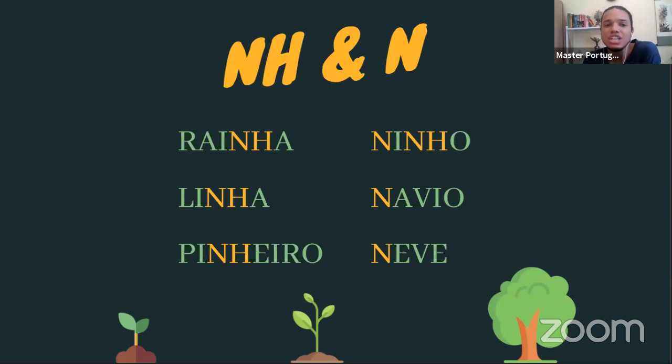Also, some parts of Brazil turn these letters NH into a nasal sound, rainha. It doesn't say anything, it's just like the nasal, you know, linha. So you can find those pronunciations as well.